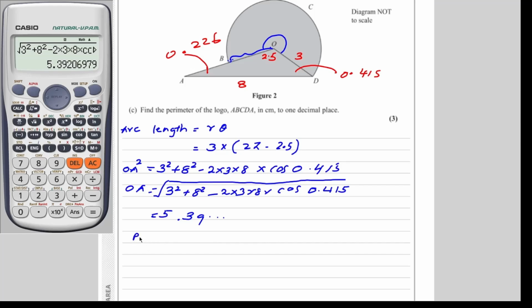Perimeter equals the arc length, which is 3 times (2 pi minus 2.5), plus 8 plus the full length, which is 5.39, minus this length, which is 3. So use the calculator and get the answer.